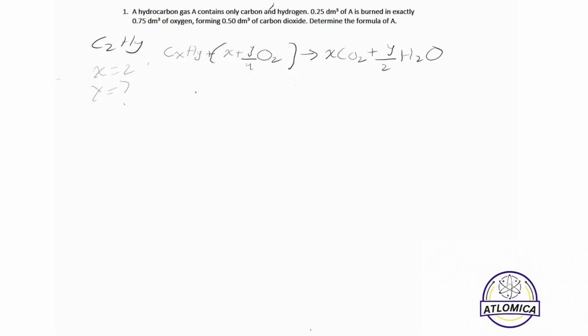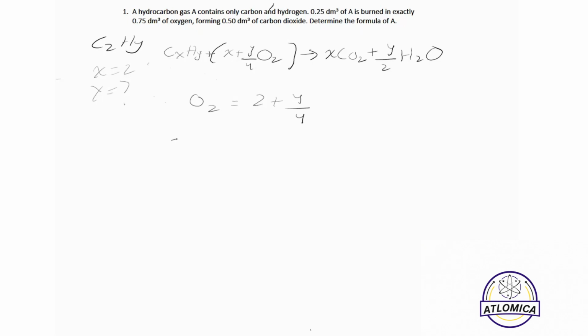So the O2 needed is 2 plus y over 4, right? Because we have already found the value of x. I've derived this equation from here. So if we use the comparison, we can find out the value of O2.